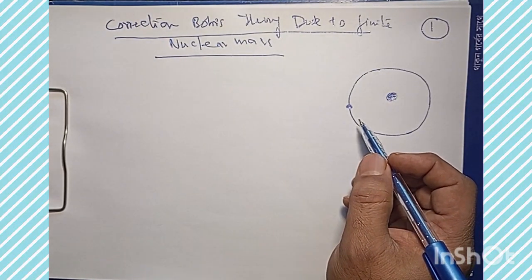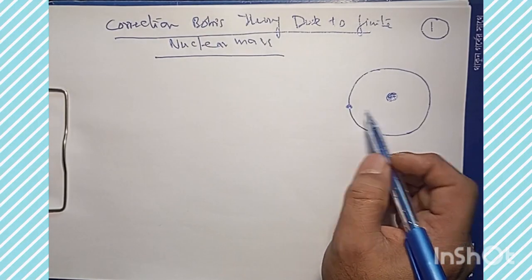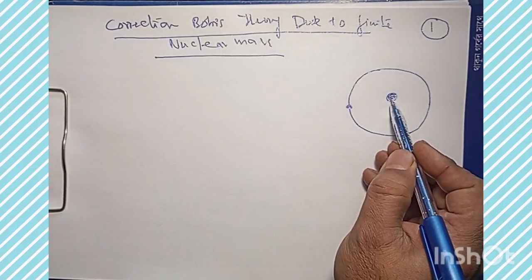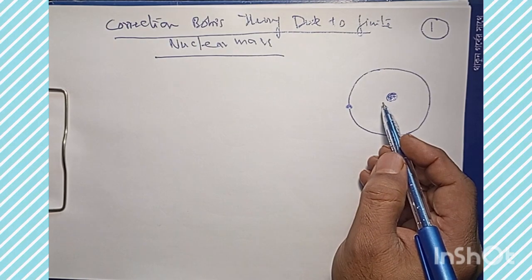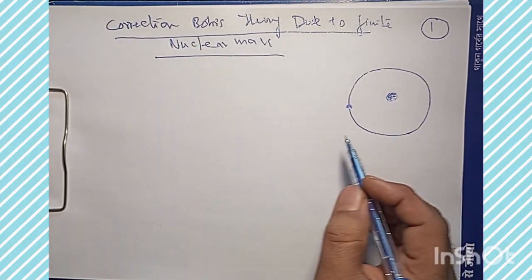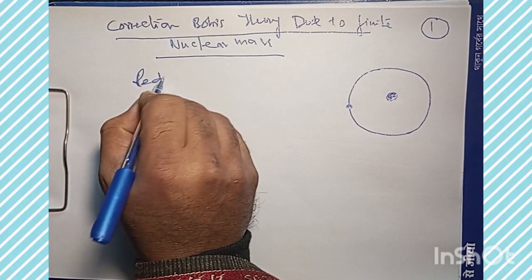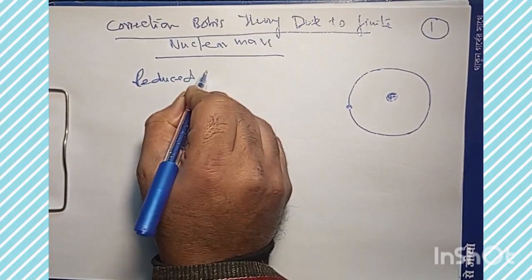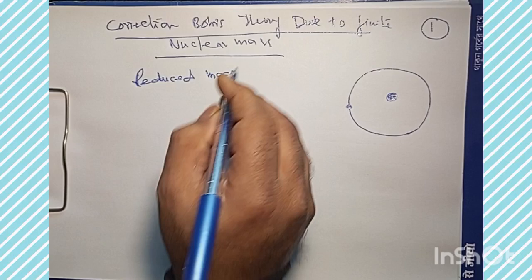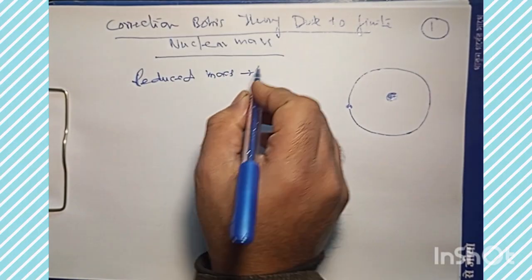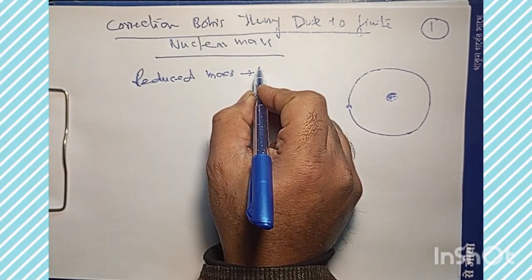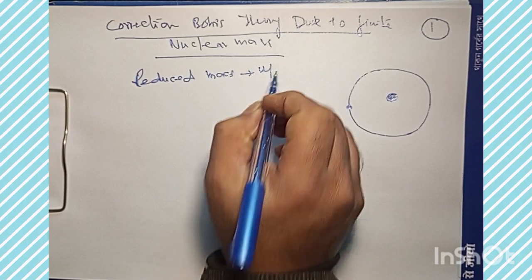So, to describe the motion of the electron relative to this nucleus, we certainly should take into account the reduced mass. Let us assume that this reduced mass is symbolized as mu.